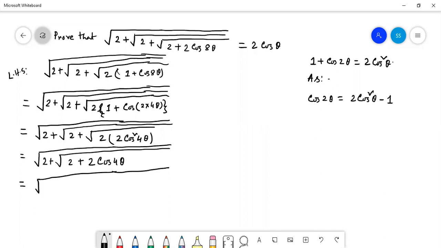Root 2 plus root over, again we take common 2 from here. Then it is 1 plus cos 4 theta, that can be written as 2 into 2 theta. Again it is 1 plus cos 2 theta, that means 2 cos square theta.